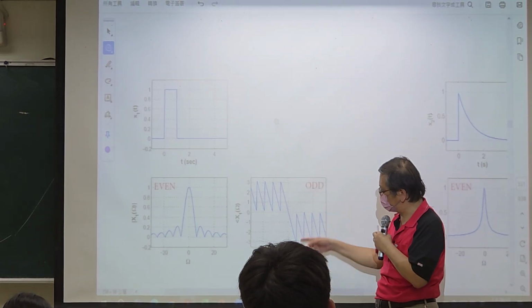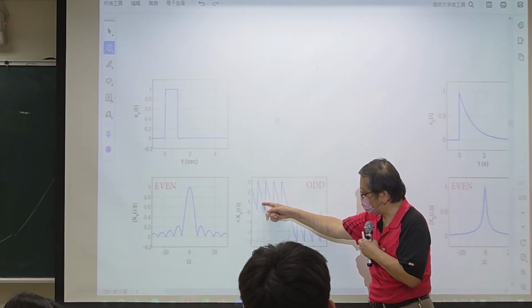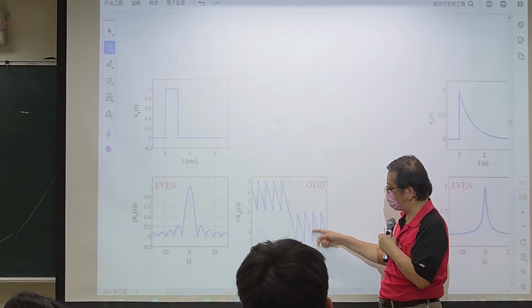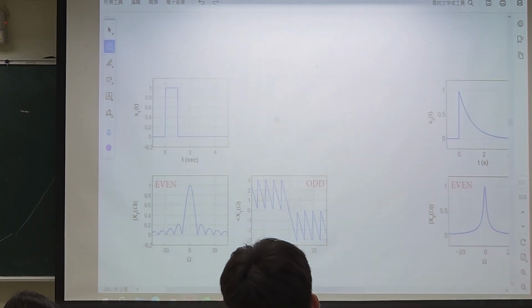But the phase angle, or the imaginary part, is an odd function. This is the phase angle of the Fourier transform of x1 of t.